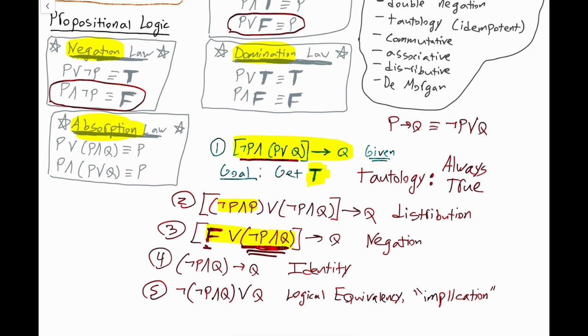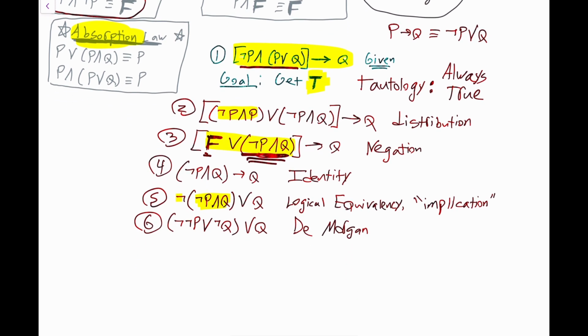Great. Now notice we have the denial of this conjunction, so we should apply De Morgan's law, or De Morgan's rule. So for 6, we'll get not P or not Q, that's in parentheses, or Q. And that's just by De Morgan.